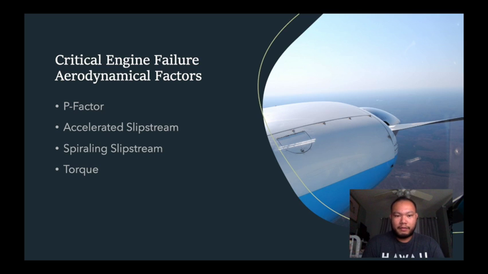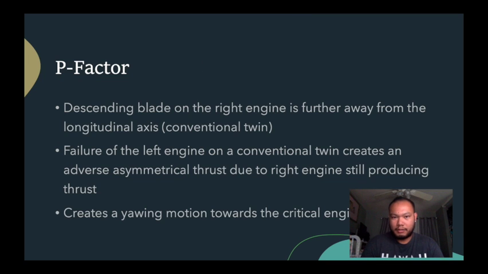Critical engine failure aerodynamic factors: we use the acronym PAST. P is for P factor, A is for accelerated slipstream, S is for spiraling slipstream, and T is for torque. P factor, we learned this in our private pilot license training. At high angles of attack, the descending blade on the right engine is further away from the longitudinal axis on a conventional twin.